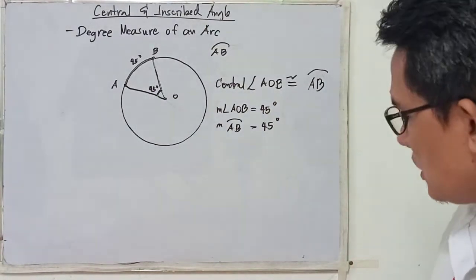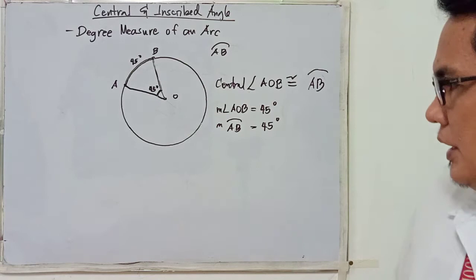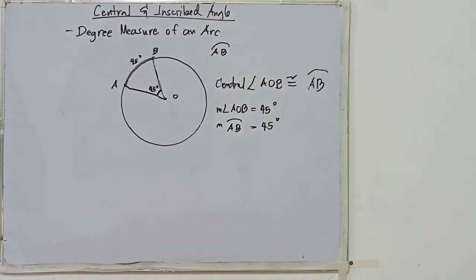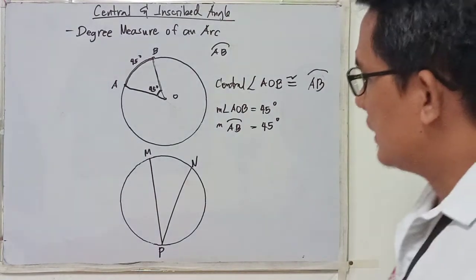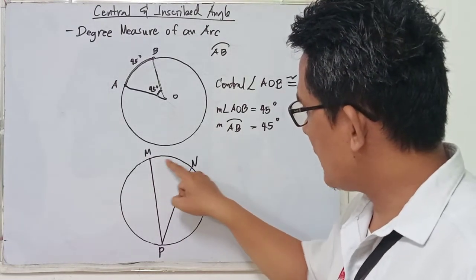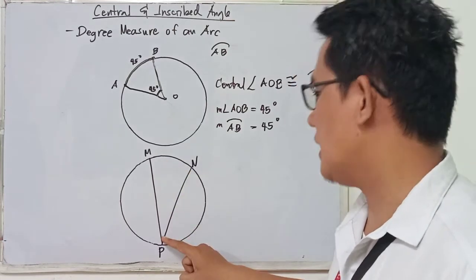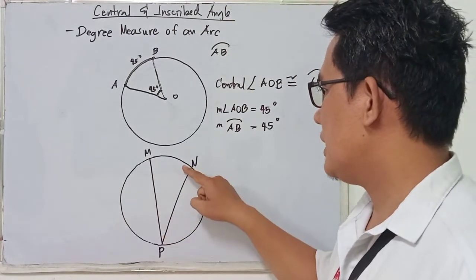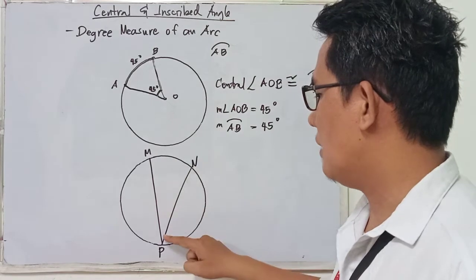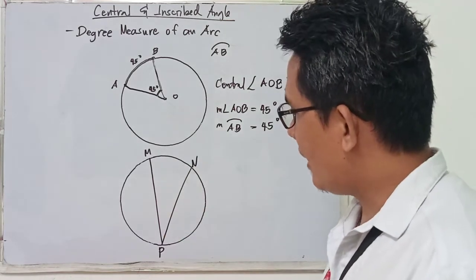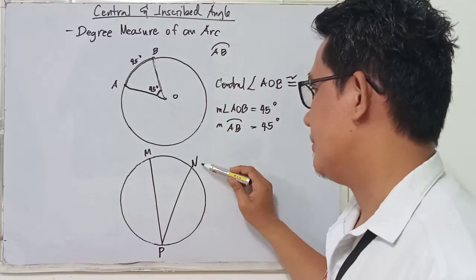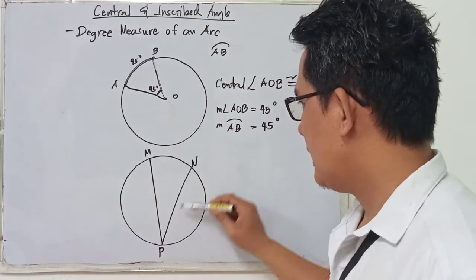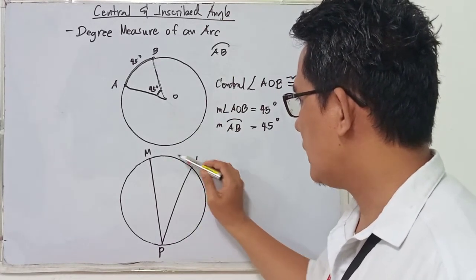Okay? So how about if we have an inscribed angle? What is the relationship of the intercepted arc and this angle here? This is called the intercepted arc of our angle. So we have an angle formed, MPN, and we have our arc MN.